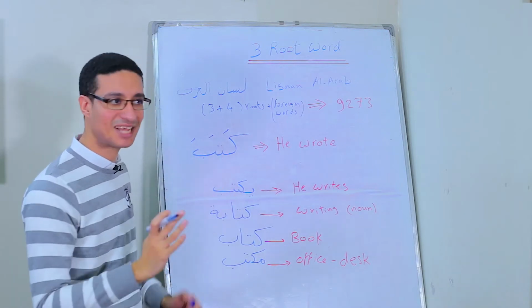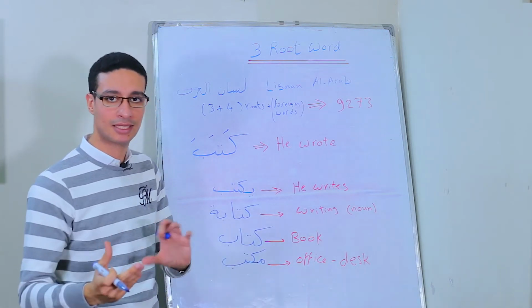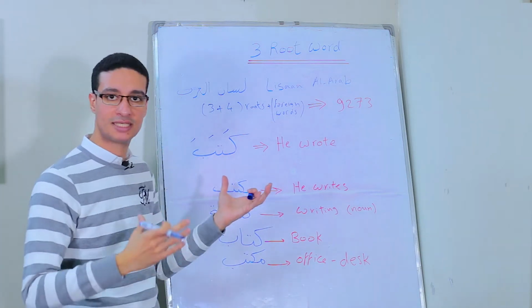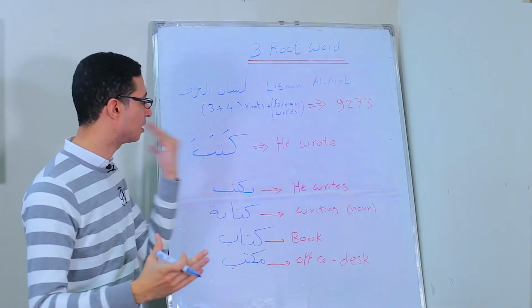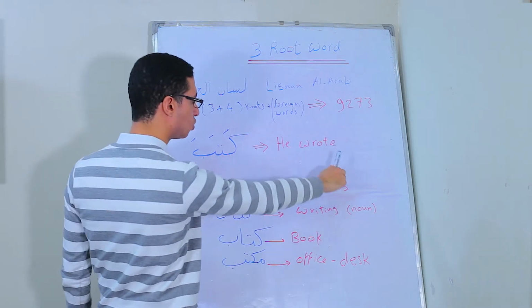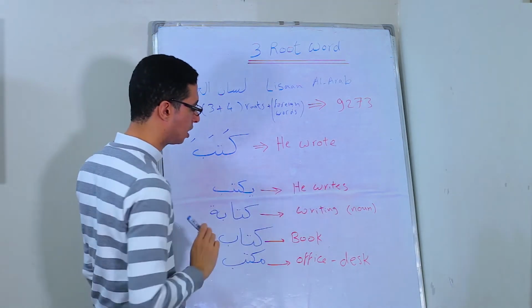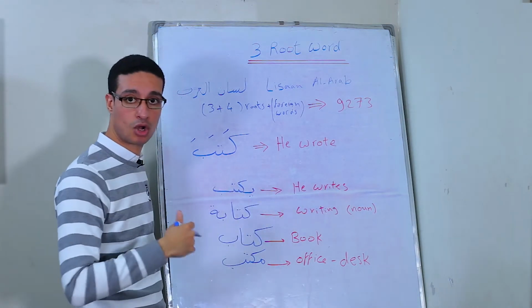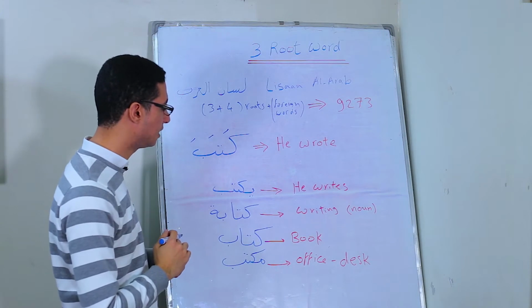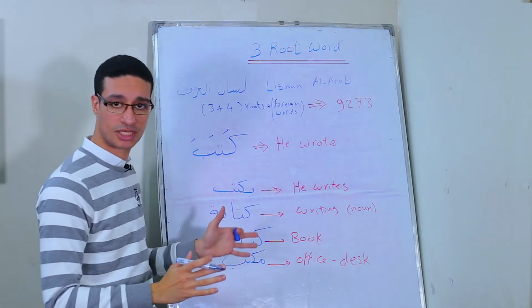This is the infinitive in Arabic. It's not like European languages, not like English, where the infinitive is a verb in the present. No, it's actually in the past. So the infinitive here is kataba, he wrote. Okay, so yaktubu is a verb conjugated in the present. We are going to discuss this in a separate video, how to conjugate verbs in the present.